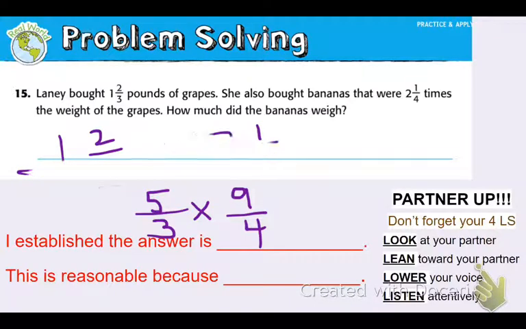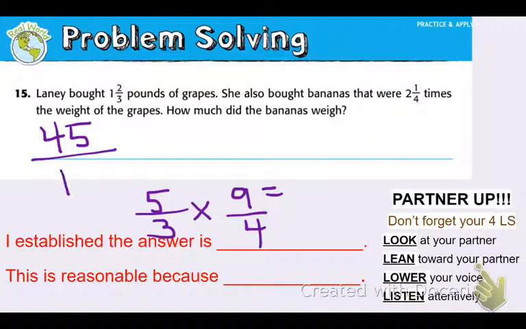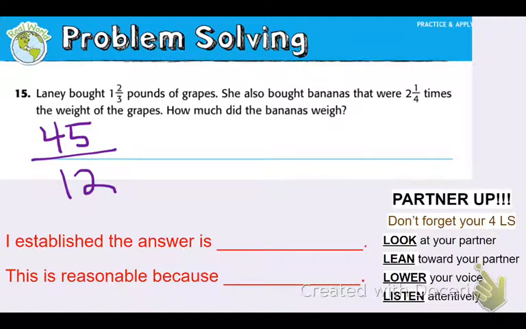Now the next step says go ahead and multiply those numerators. Well, I know 9 times 5 is 45, and 3 times 4 is 12. The next step is where we simplify. Can we change this improper fraction into a mixed number?